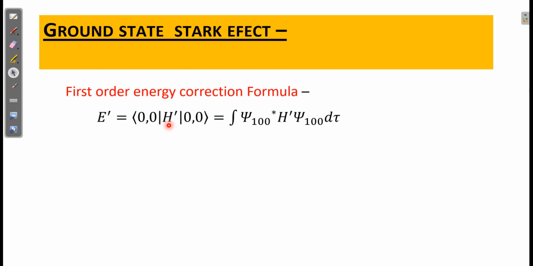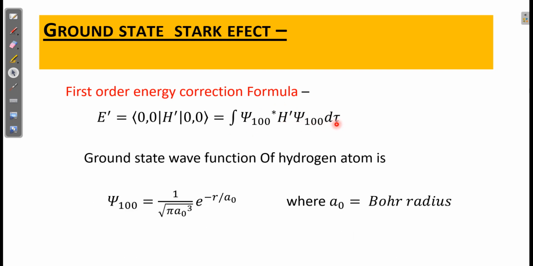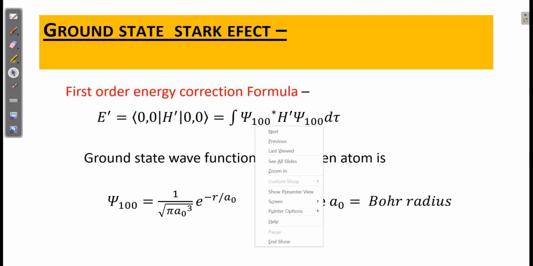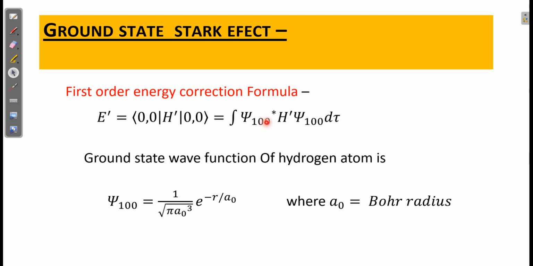This can also be written as the integral of psi 100 star H dash psi 100 d tau. The ground state wave function of the hydrogen atom is psi 100. 1 means the principal quantum number, 0 means the orbital quantum number, and 0 means the magnetic quantum number. Its value is e to the power minus r upon a naught, where a naught is the Bohr radius.